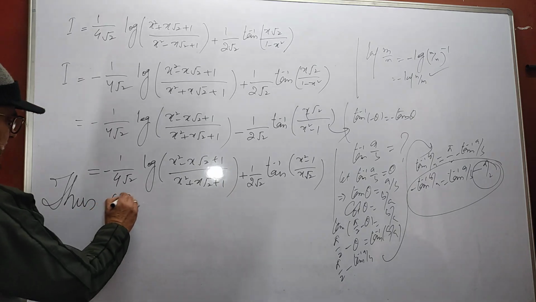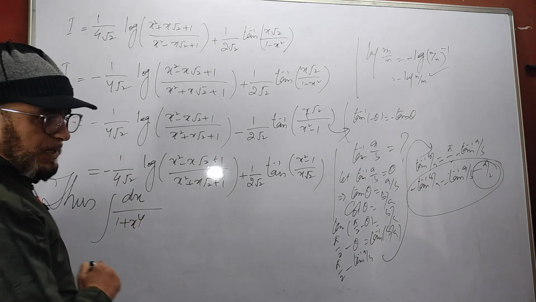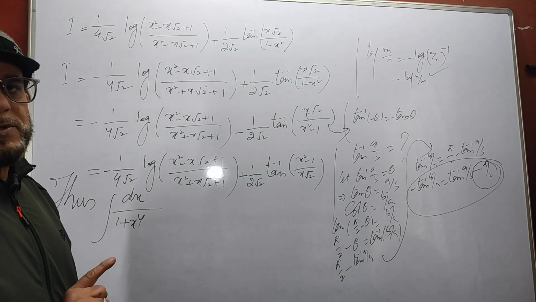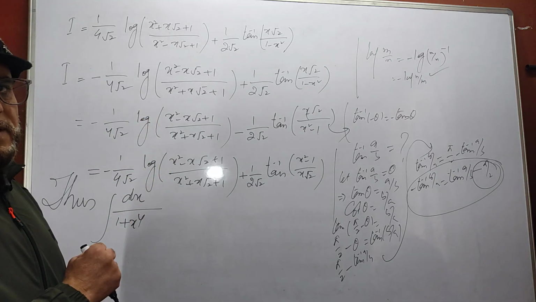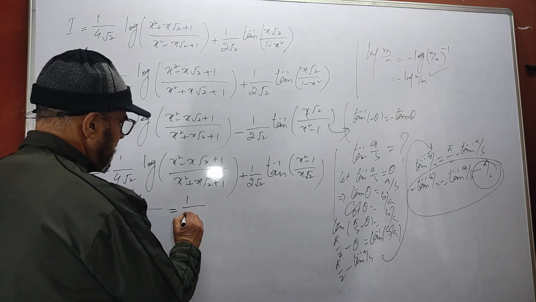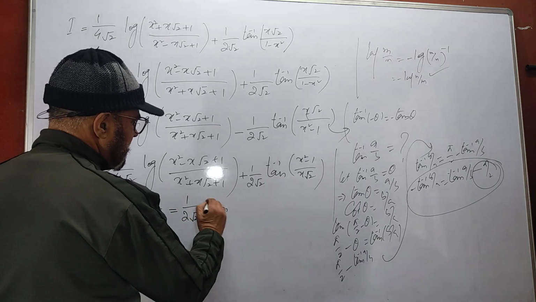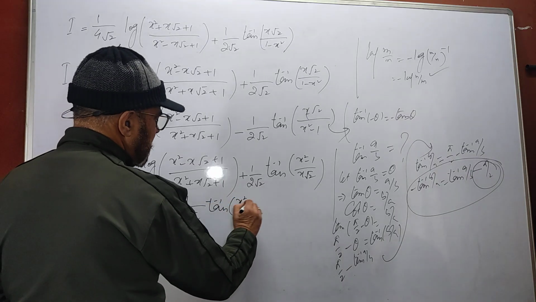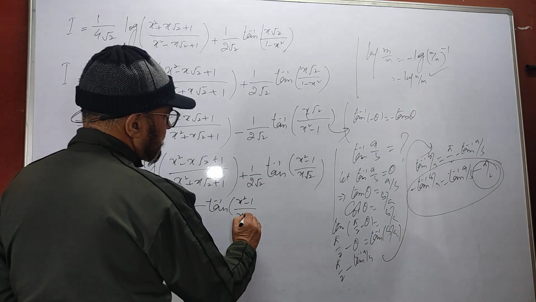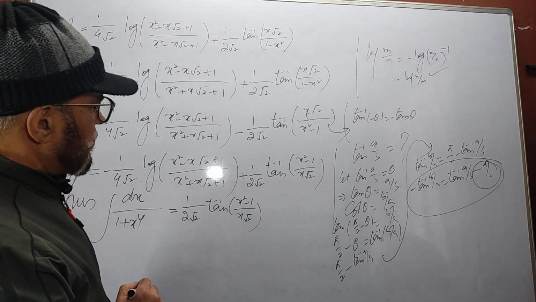Thus integral of 1 upon 1 plus x4 dx is now 1 by 2 root 2, this first, tan inverse x square minus 1 by x root 2.